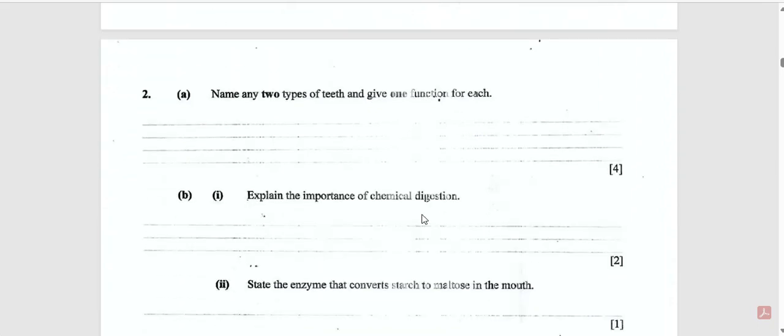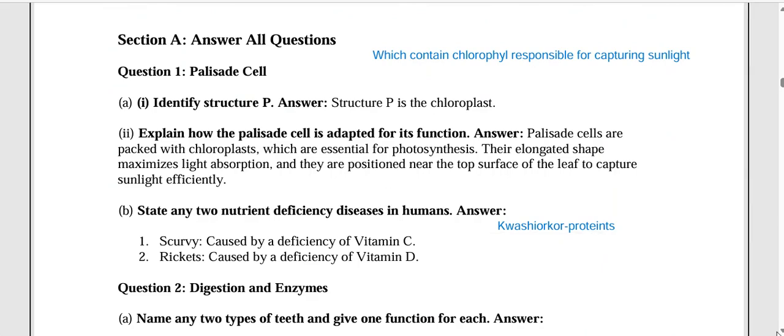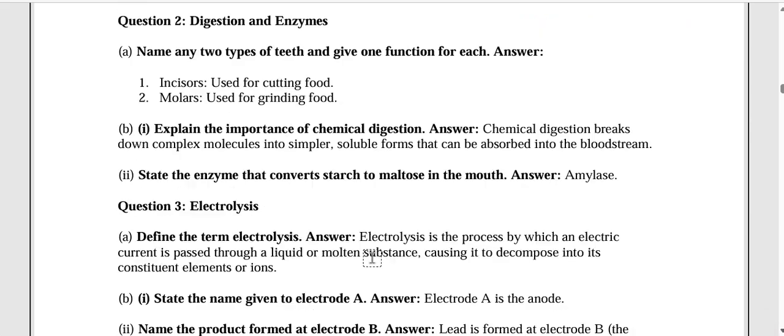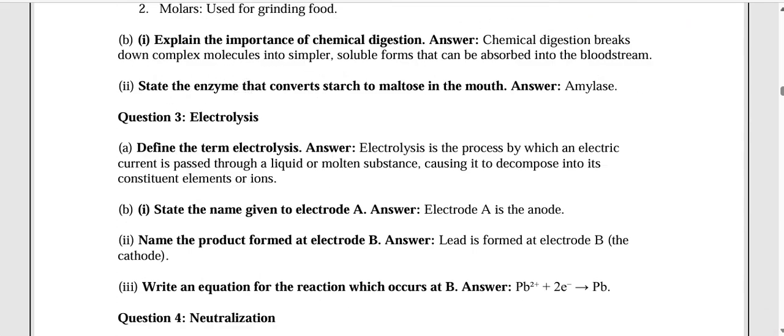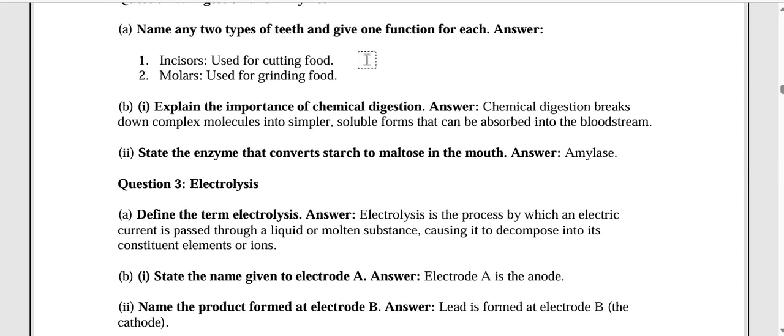Name any 2 types of teeth and the function of each. Let's look at the answers here. We have incisors, responsible for cutting the food. Molars, responsible for grinding food.